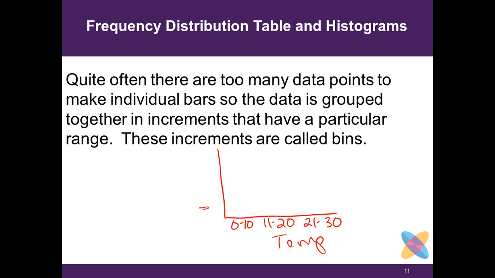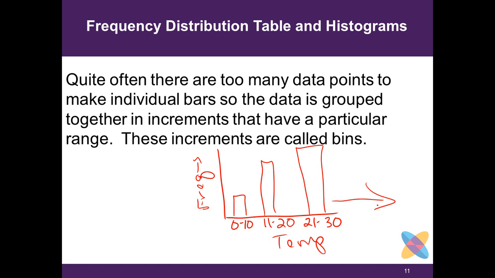Over here, it would be how frequently were there days between that bin. So maybe 0 to 10, I had maybe 10 days, maybe 11 to 20 in that range, I had 16 days, and maybe I had 32 days in this area, and so on. And so that's what a histogram would basically look like.